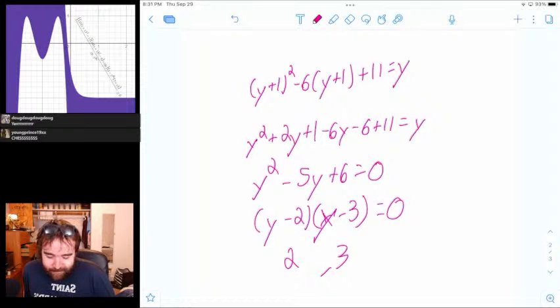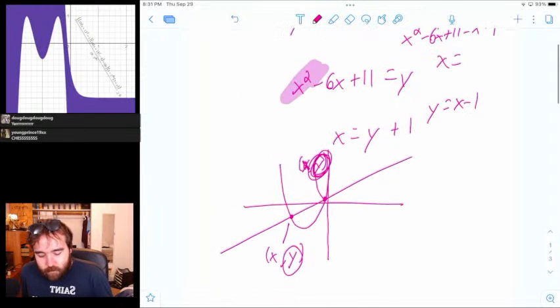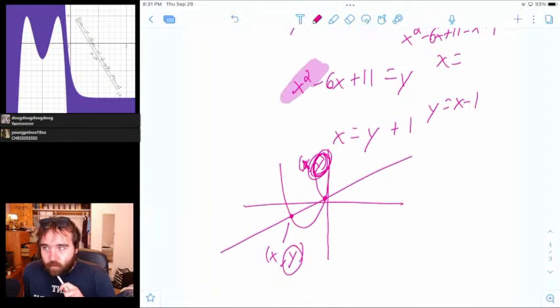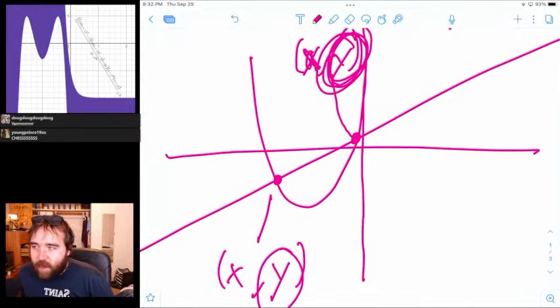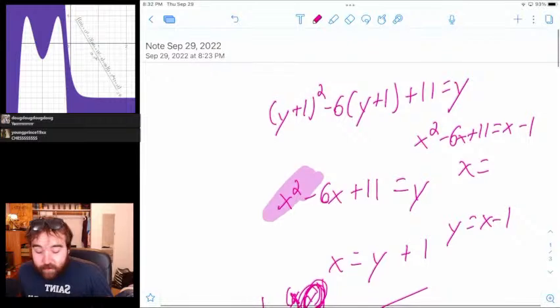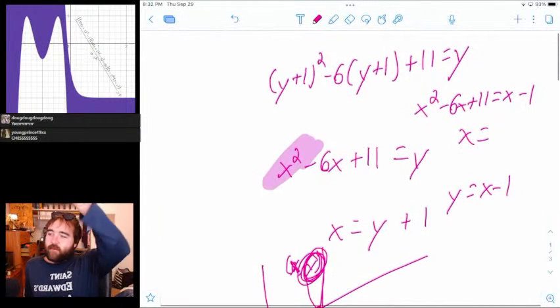So when it's asking for the y coordinate, it's just asking you to solve for y. And if it's asking for the x coordinate, it's just asking to solve for x. System of equations means graphs intersecting, so sometimes it's easier to think about the graphs, especially if they give you the graph.